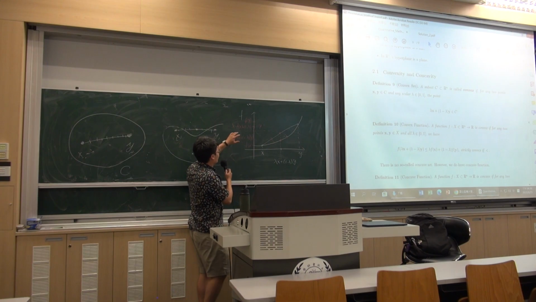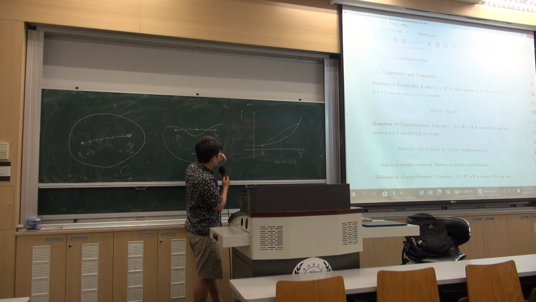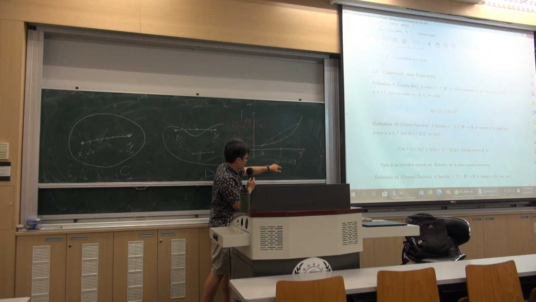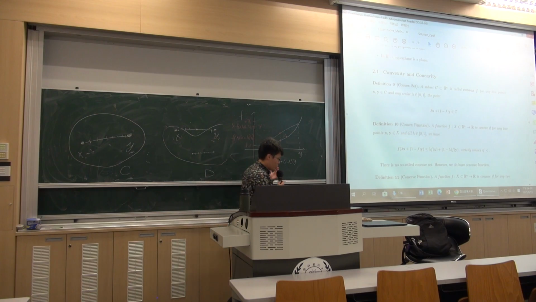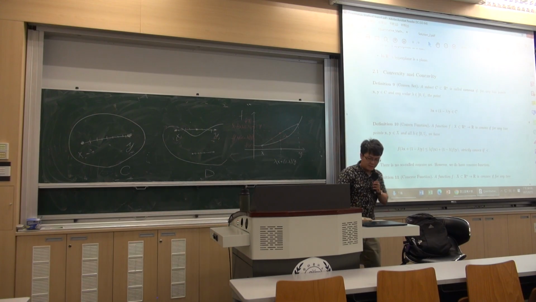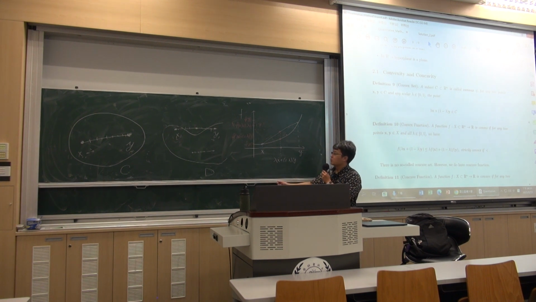We find that the linear combination of the images of these 2 points is always greater than or at least equal to the image of the linear combination of the original 2 points that you pick. So you will see a graph that looks like this one.